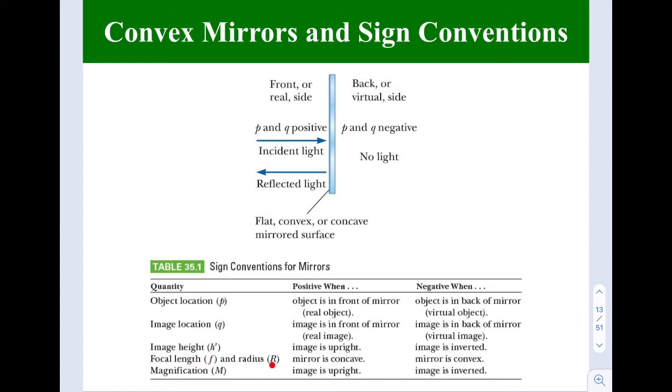For focal length f and radius r, positive when the mirror is concave. This is important. Negative means the mirror is convex. And lateral magnification m: if it is positive, the image is upright. If negative, the image is inverted.